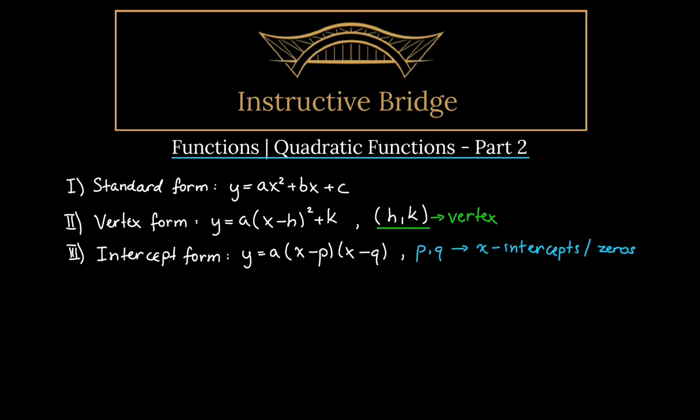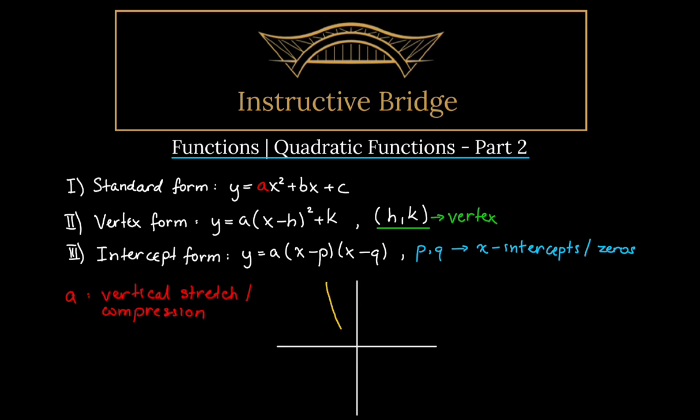We first begin by understanding the basic uses of all of these letters, a, b, c, h, k, and so on. In the standard form, a, otherwise known as the leading coefficient, is responsible for the vertical stretch/compression.